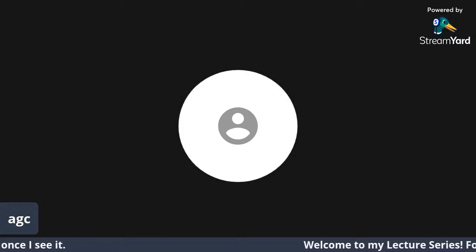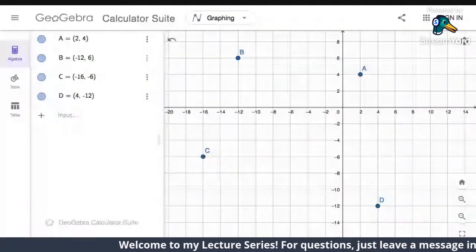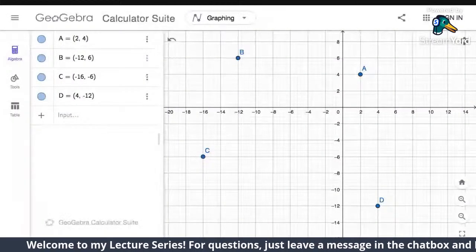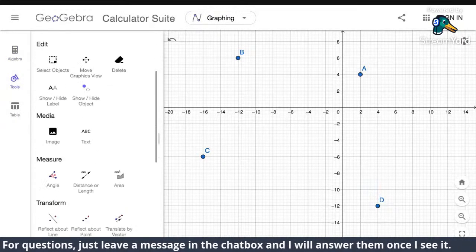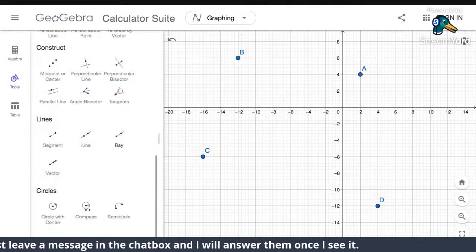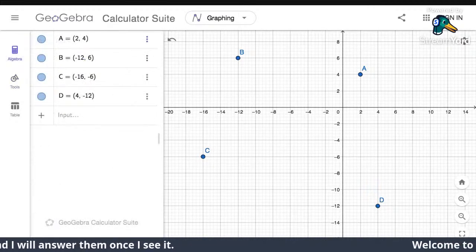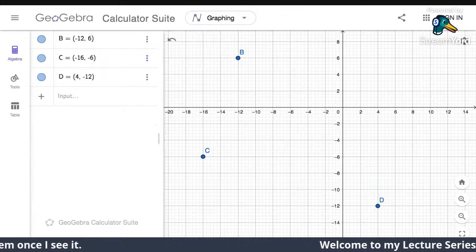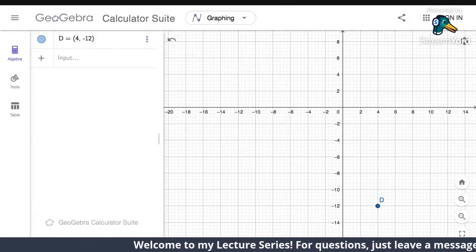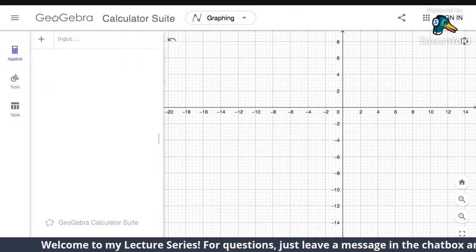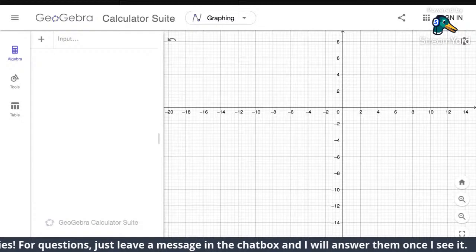Let's just remove the points. So what we are plotting here is (3, 5) and (3, 1).